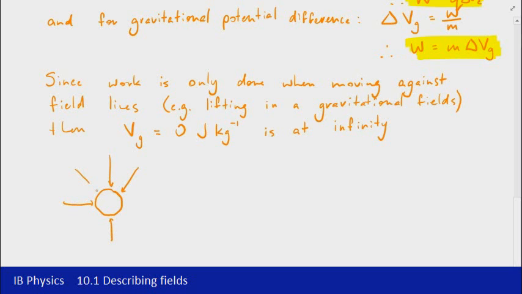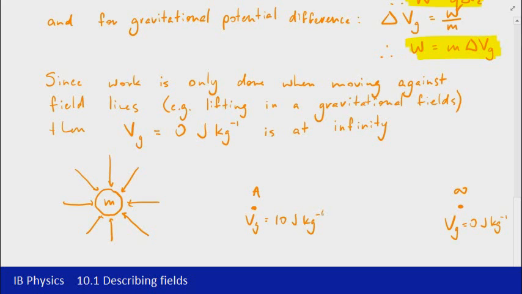So if we go back again and have a quick look at this scenario where we've got our mass m with gravitational field lines around it, somewhere all the way out here at infinity we would have Vg being equal to 0 joules per kilo. Now if we had a point in here somewhere, let's call that point A, then the potential there might be, say, something like 10 joules per kilo.